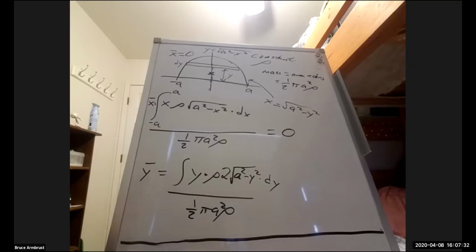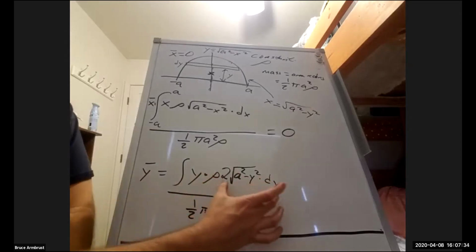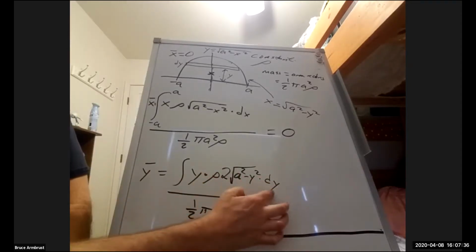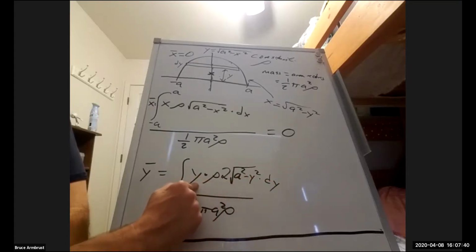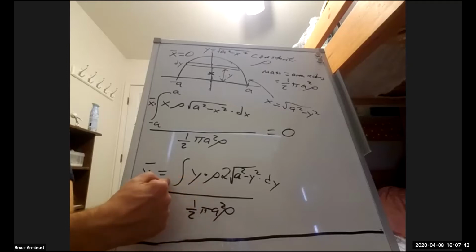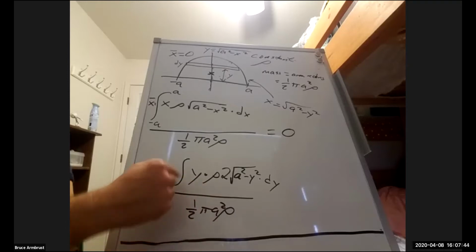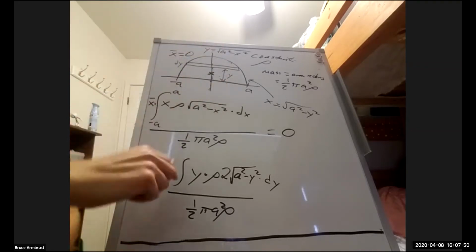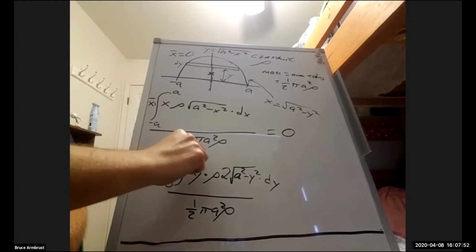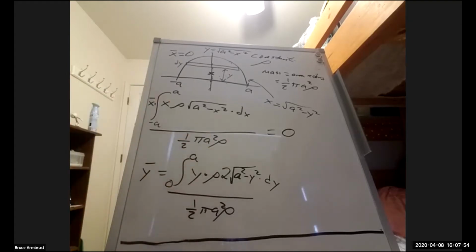But exactly the same idea. Area, so height times width, times density to get mass, times distance away. And now we need to put bounds on y. And this one, we're actually going from y equals 0 up to y equals a. So instead of like with the x's going minus a to a, this one's going to go 0 to a.